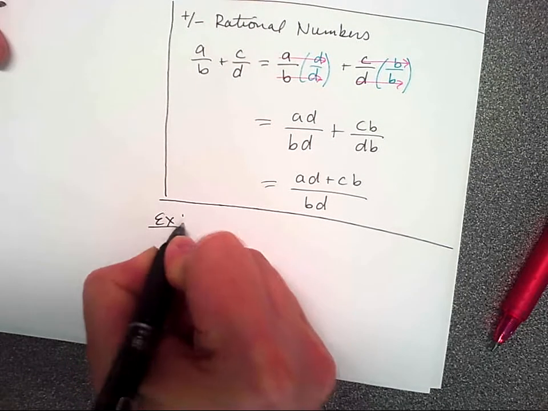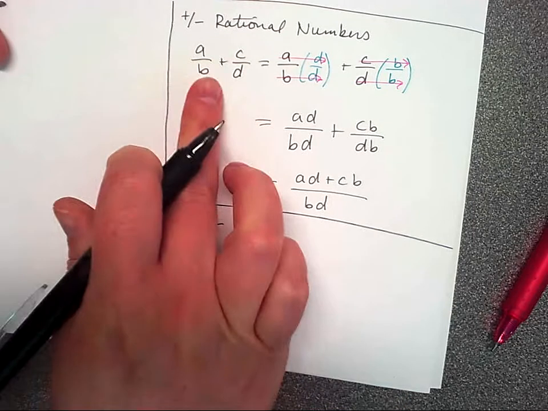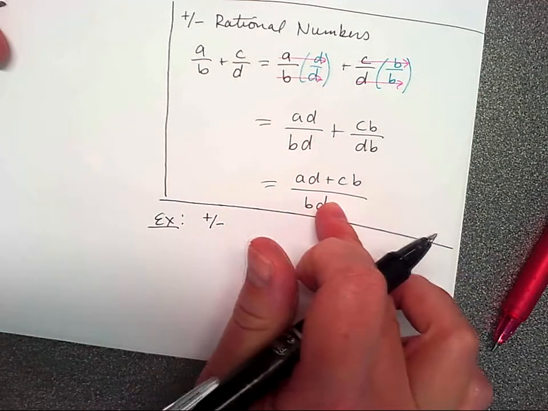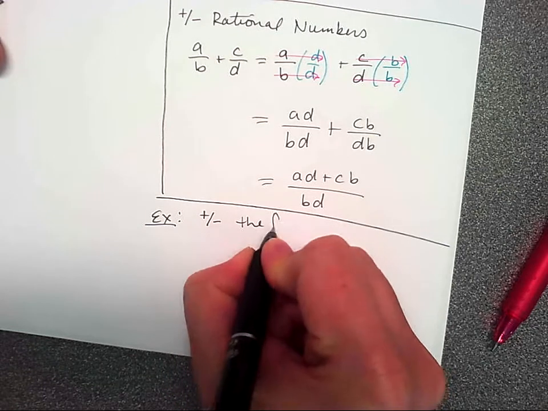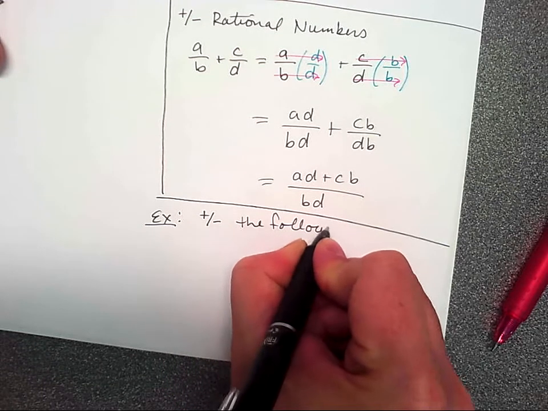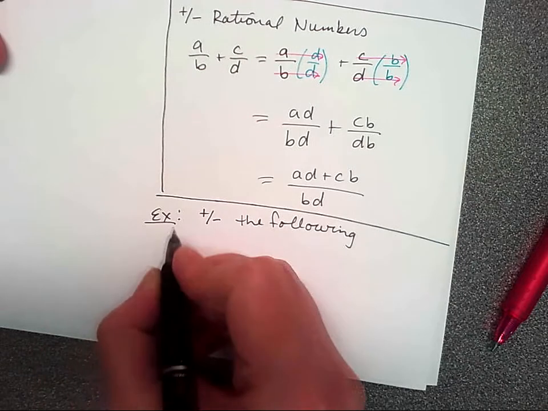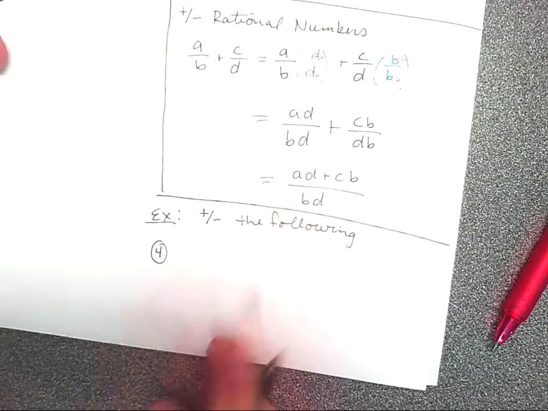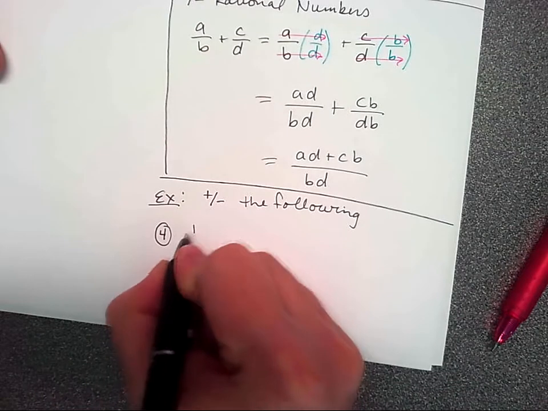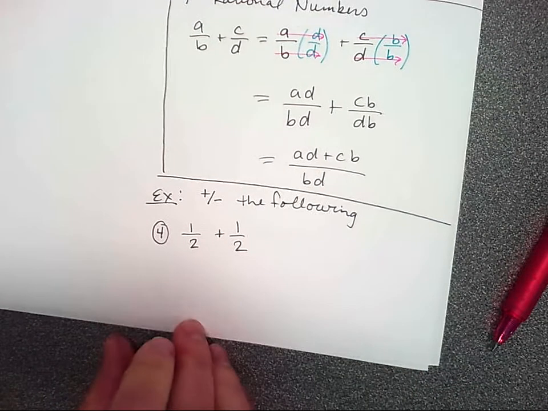Okay, let's do an example. I wrote this for adding, but this could be subtraction as well, right? So add or subtract the following. This was example 3. So example 4, add 1/2 plus 1/2.